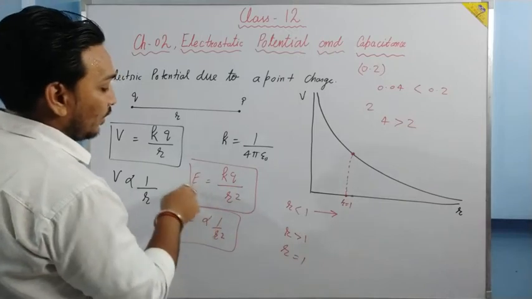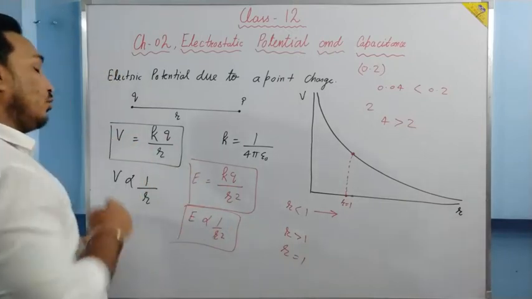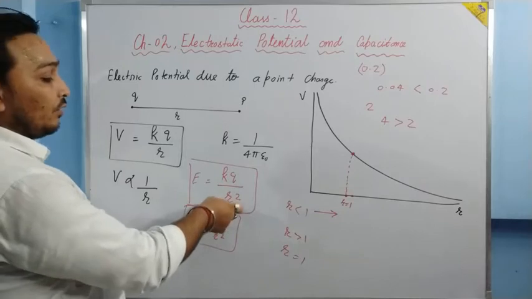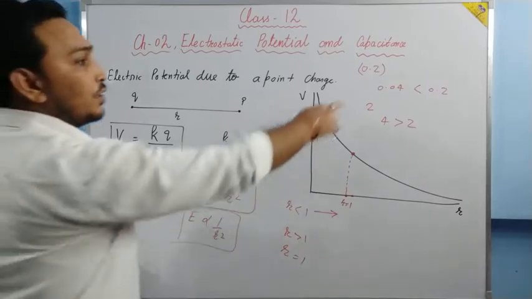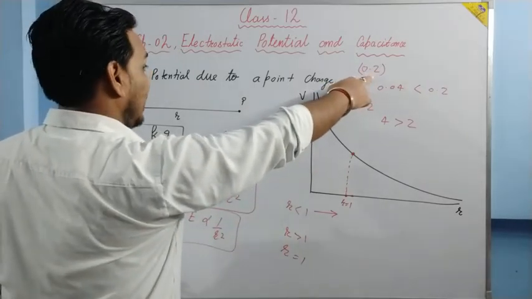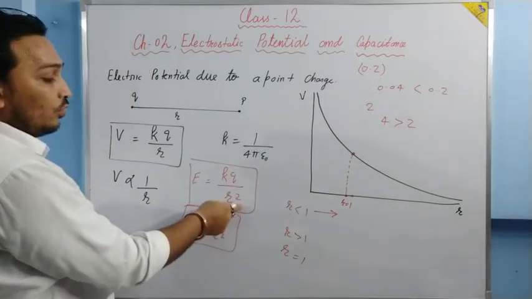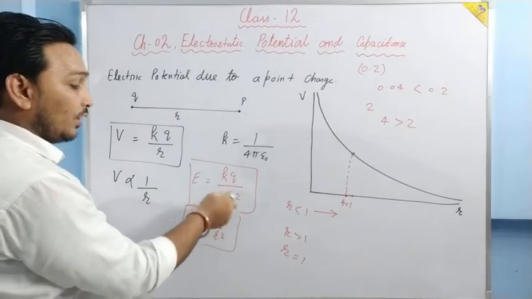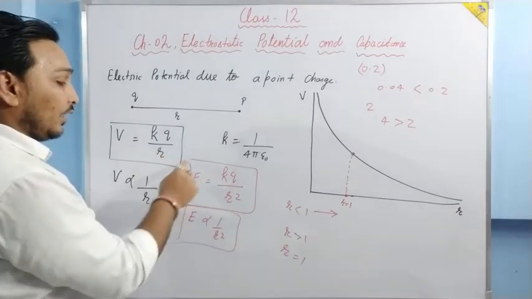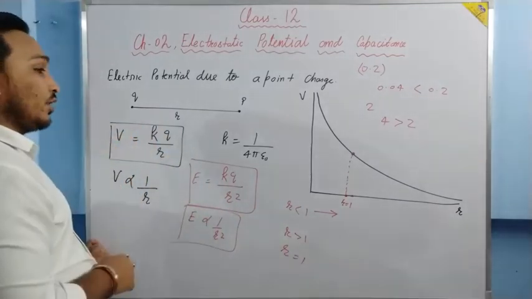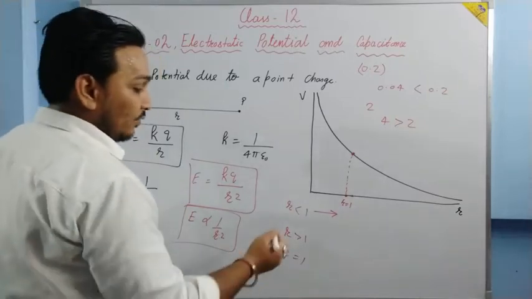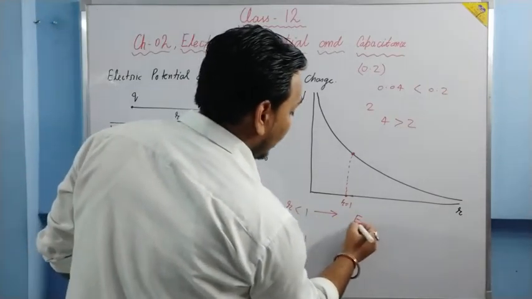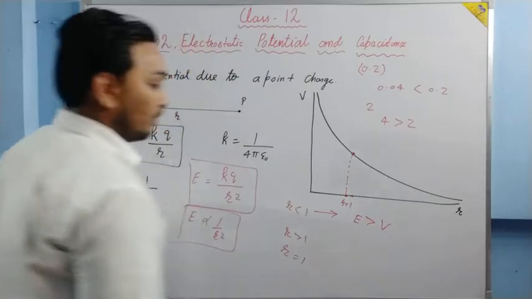The value of electric field will be greater than the value of potential because its denominator will be smaller. The square of values less than 1 becomes even smaller, so the electric field will become larger than the potential. When r is less than 1, the electric field is greater than the potential.